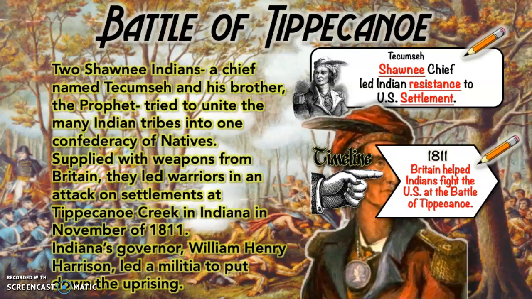So he and his brother, Prophet, worked together to bring tribes together and work together as a confederacy. That confederacy attacked some American settlements on Tippecanoe Creek, which is in the state of Indiana, in November of 1811, and the leader of that state, the governor, William Henry Harrison, organized a militia to fight back.